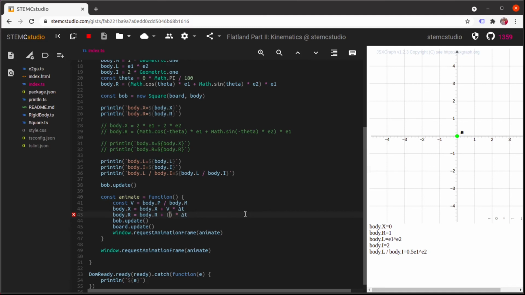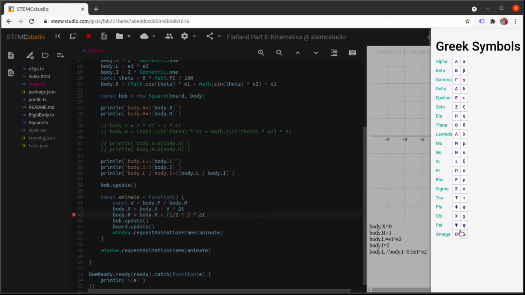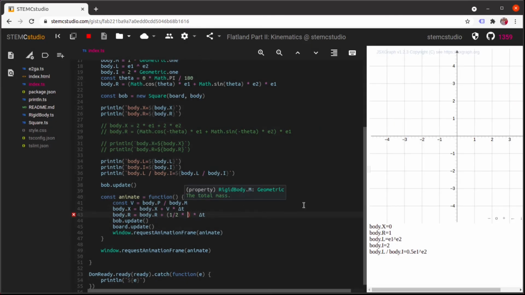So what we need to do in this whole thing is put in our factor of 1/2 multiplied by our omega. So I'm going to go Control-Alt-G, go to the Greek keyboard, and get omega, and drop omega in there.